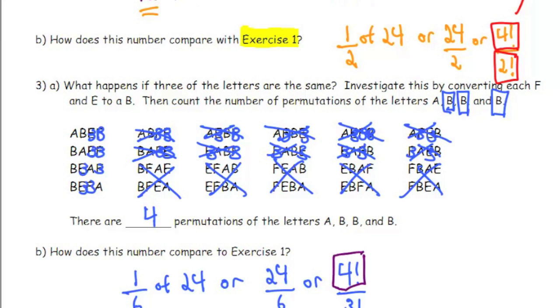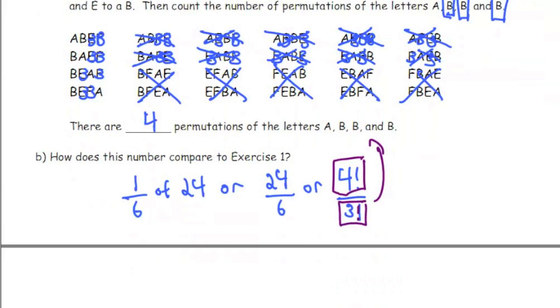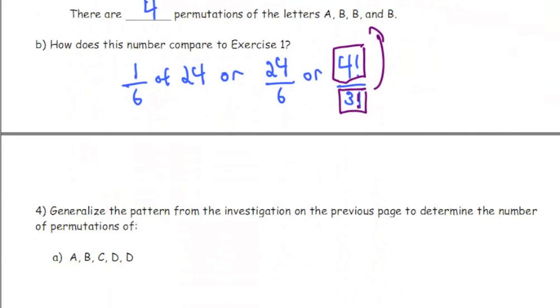But wait a second, 4 factorial is just the number of permutations we started with in question 1, and 3 factorial is just the number of ways that we can arrange these 3 B's. Well, that's wicked. I wonder if this works in all cases.